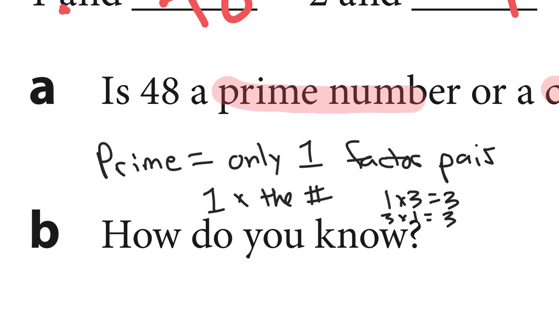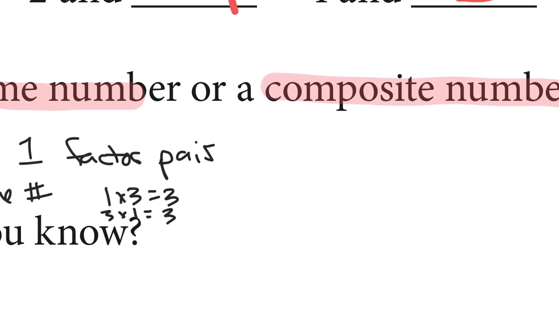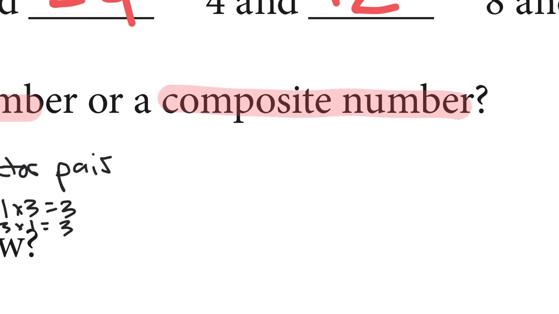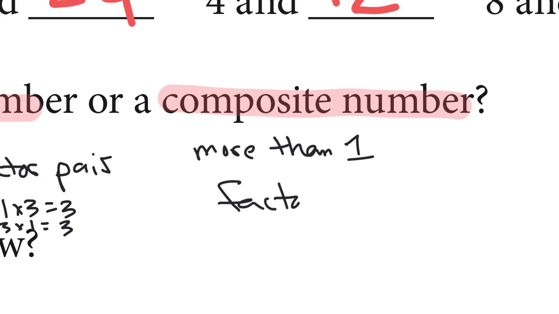Okay? Which means that a composite number is going to be where you have more than one. Oops, I didn't mean to write that.